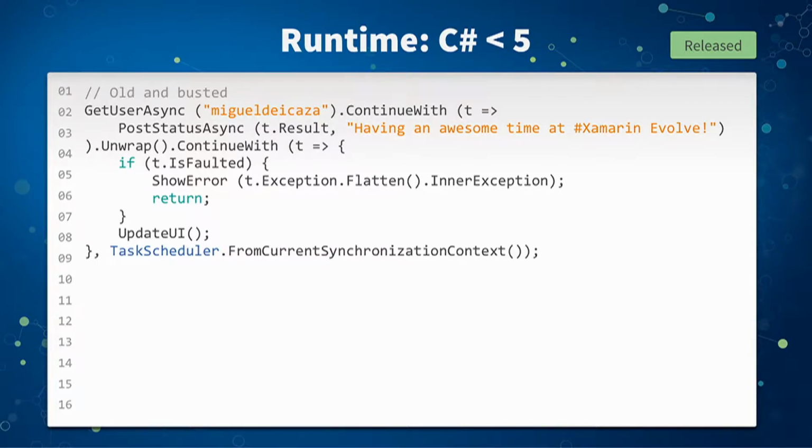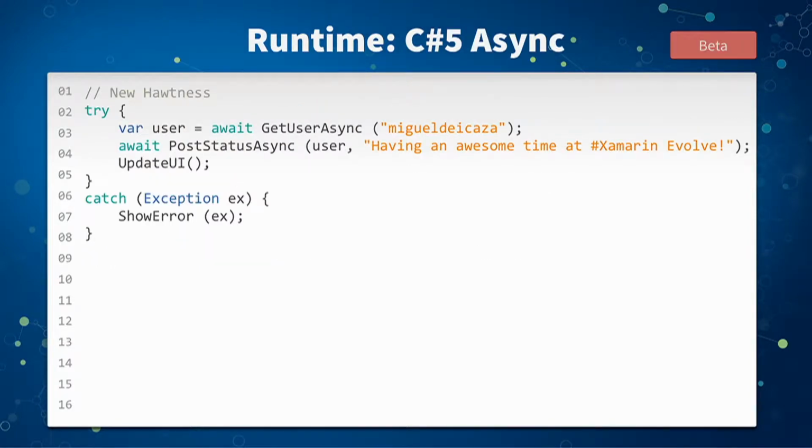It's like turtles. With the beta, we now have proper C# 5 async, which simplifies the previous slide immensely. Instead of needing to explicitly check some failure status and do something appropriately, we have nice, proper exception handling. The await calls are a way to say, you know that get user async, get back to me when it's done.